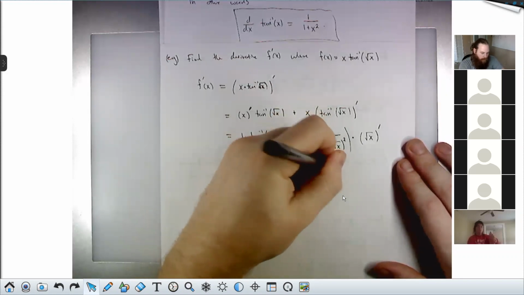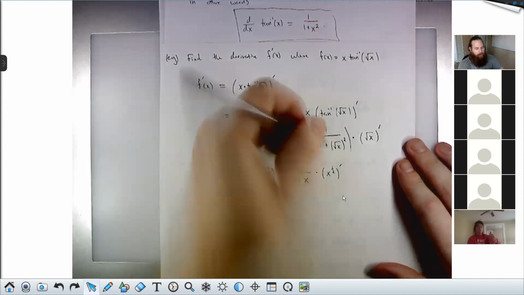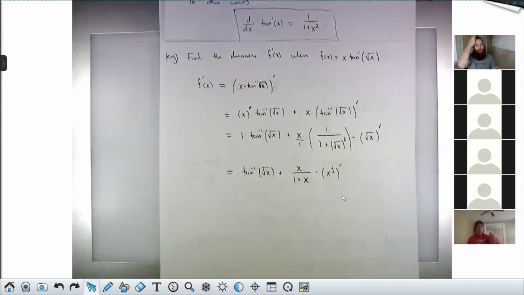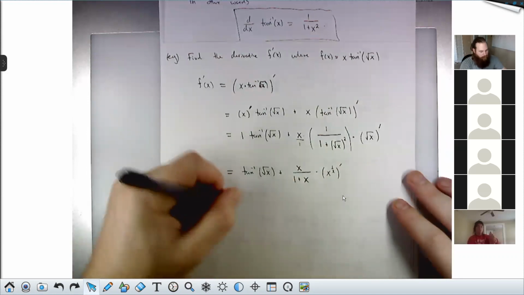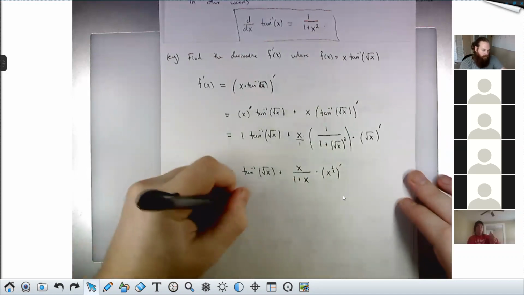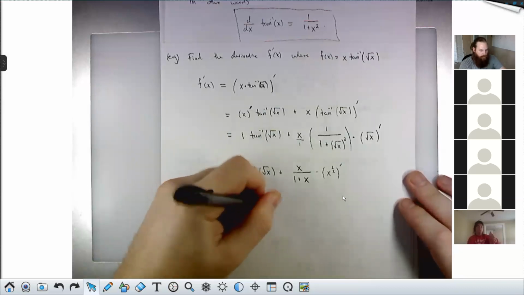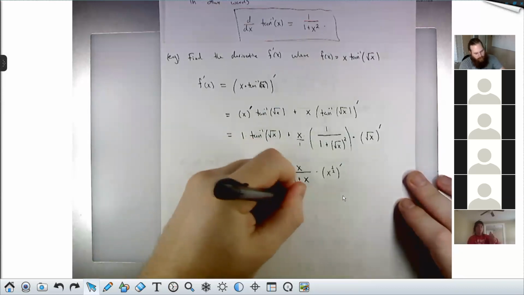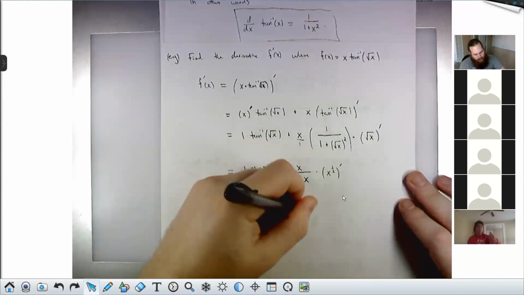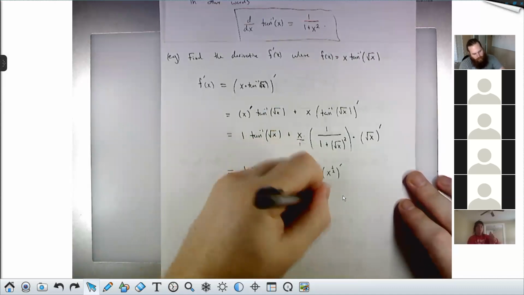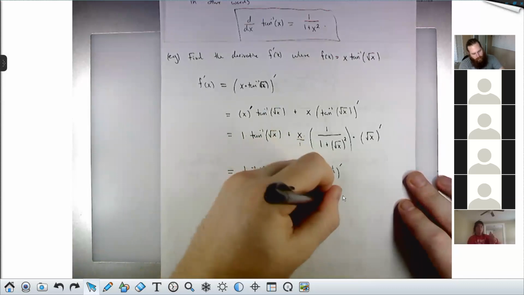That's x to the 1/2 primed. And that last piece I can handle with the power rule now. So this is inverse tangent square root x plus x over 1 plus x times 1/2 x to the negative 1/2.